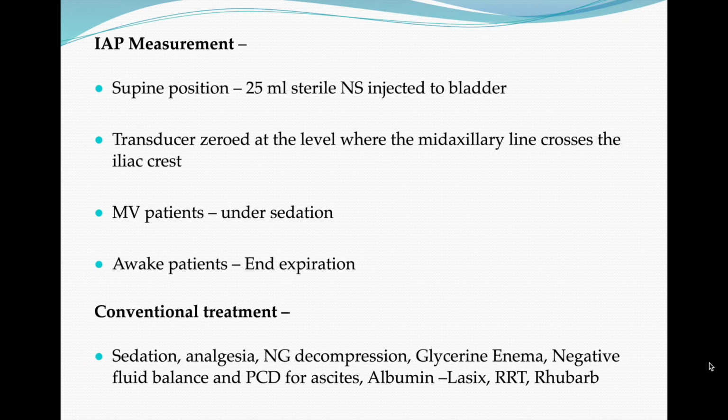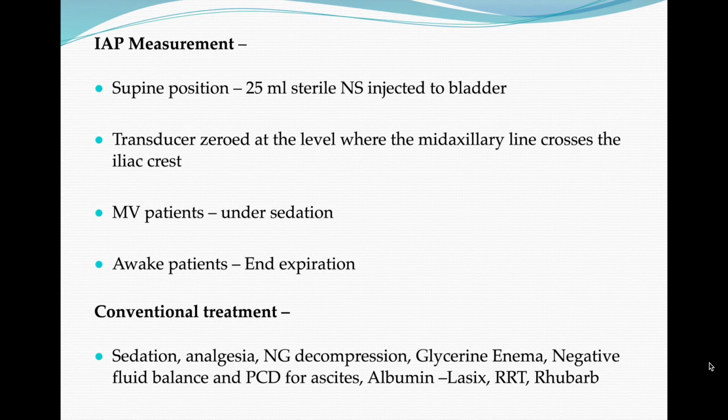Now the conventional treatment that was used, as I said, after 24 hours of conventional treatment, the patients were randomized. So conventional treatment was generally sedation and analgesia. Maybe the patient was in a light plane of anesthesia, so there would be efforts from the patient to breathe, that could have raised the IAP. So sedation, analgesia, nasogastric decompression, glycerin enema, negative fluid balance, and maybe percutaneous drain for ascites.